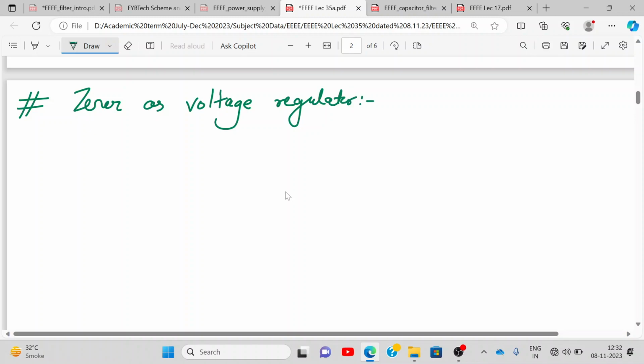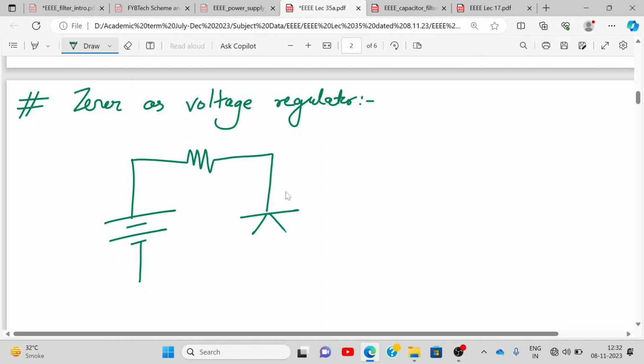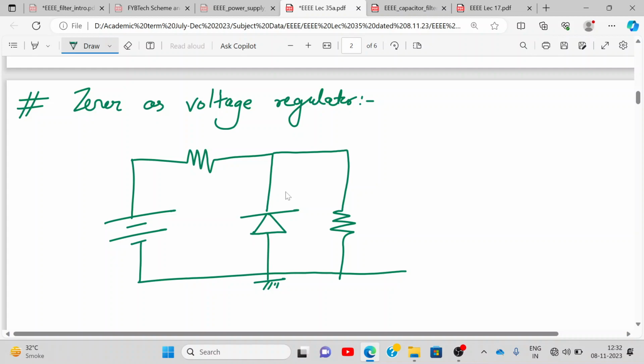Now draw the circuit diagram over here. RL. This is the diode, Zener diode.